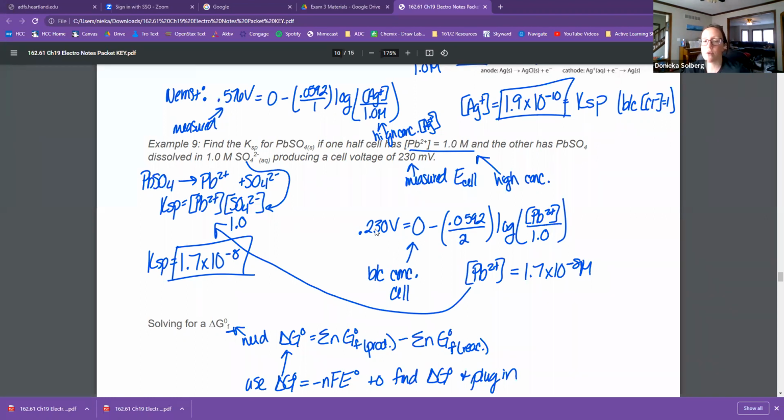The low is what I'm trying to solve for. Did my algebra, got that the lead concentration is 1.7 times 10 to the negative 8th molar, which means that Ksp is 1.7 times 10 to the negative 8th because the sulfate is 1. So Ksp and my lead concentration are the same in that case.